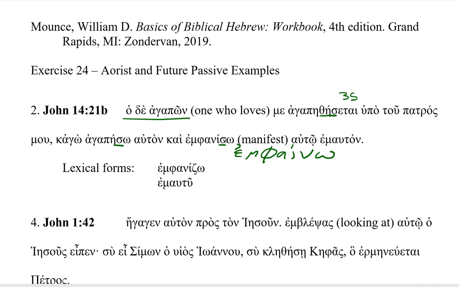Emphaniso is I will manifest, and then at the end we have emauton, which is myself. I'm not sure if we've had that yet in vocabulary, but emauton, and I will manifest myself to him. So, and the one who loves me will be loved by the Father of me, by my Father, and I will love him, and I will manifest myself to him.